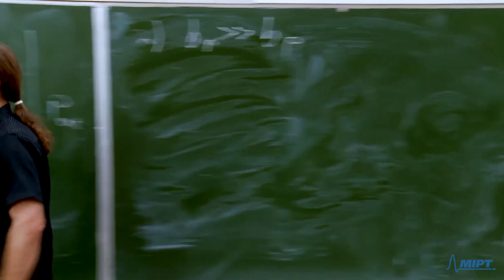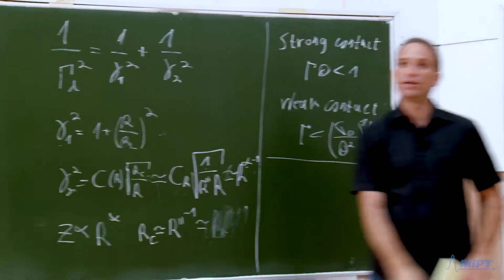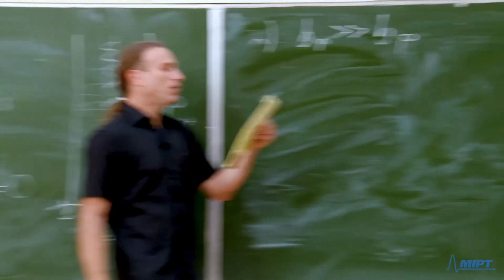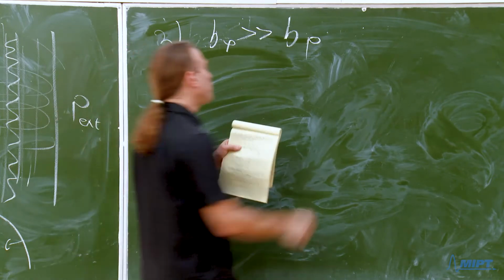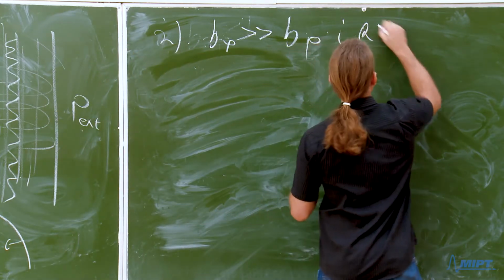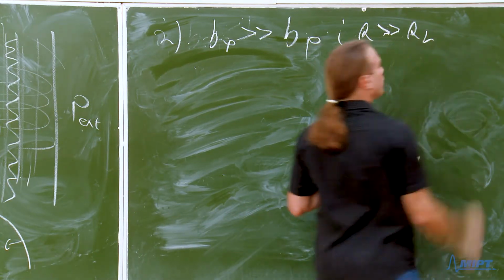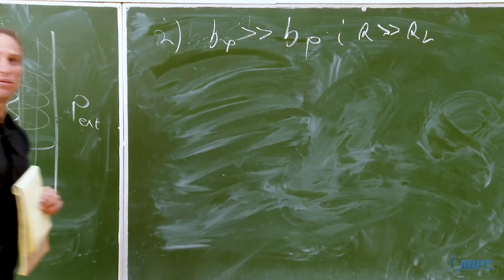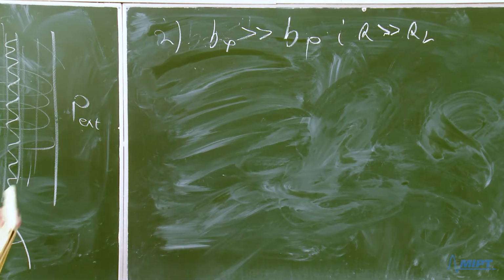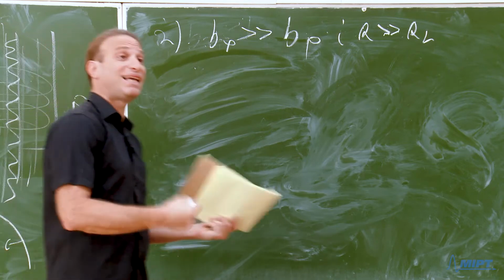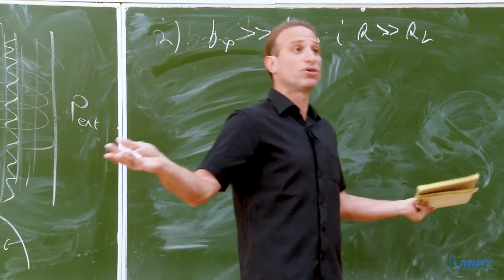Okay, the second regime is happening when I'm dominated by toroidal field. So here I have B phi much larger than BP, and this is happening at R much larger than RL. Okay, because at R smaller than RL, by definition, I'm subrelativistic, gamma is about 1, and I cannot lose causal contact.